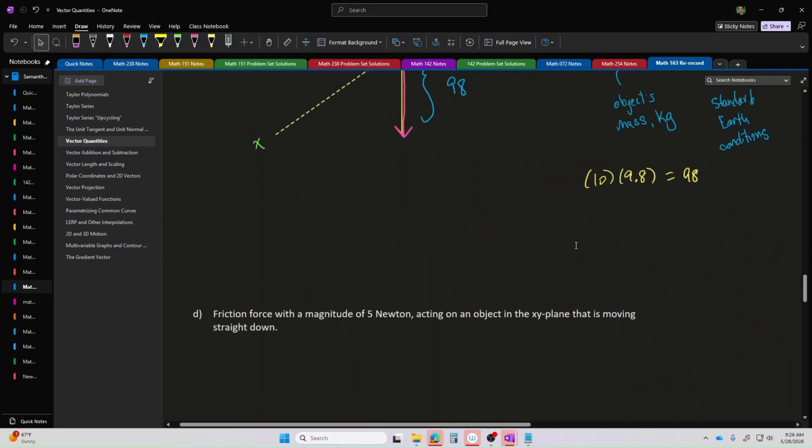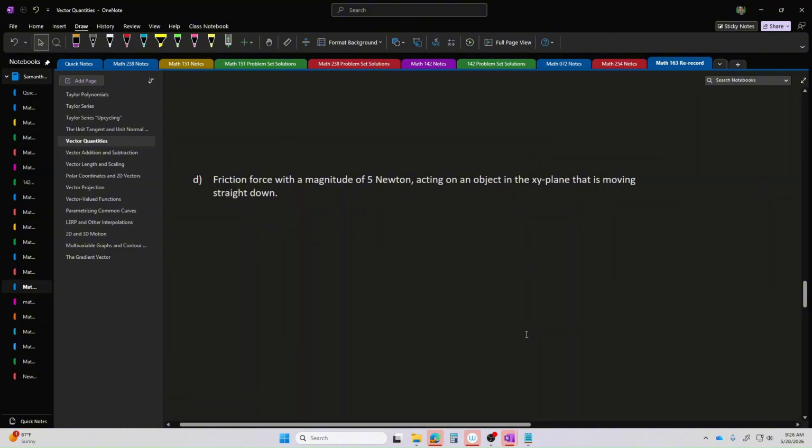Finally, let's go ahead and draw a picture of a force of friction, a resisting force. A resisting force that has a magnitude of 5 newtons that's acting on an object that's moving straight down in the xy plane.